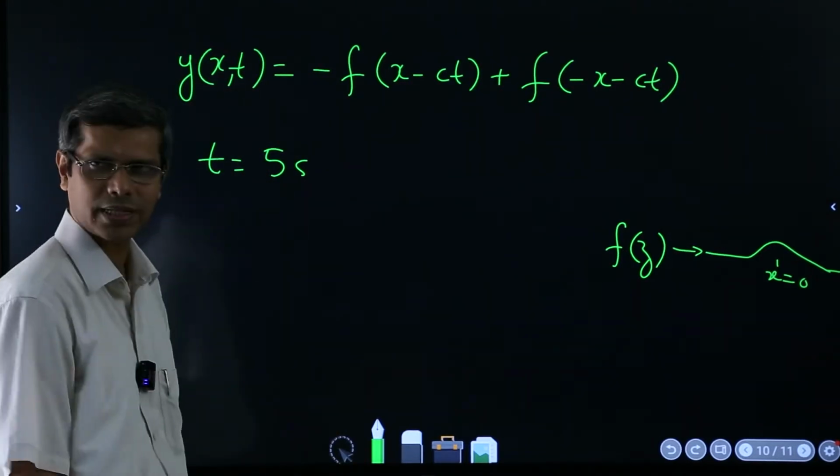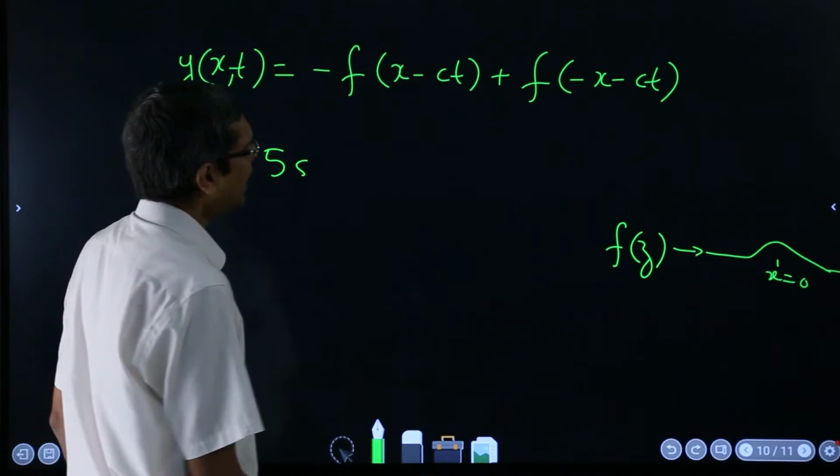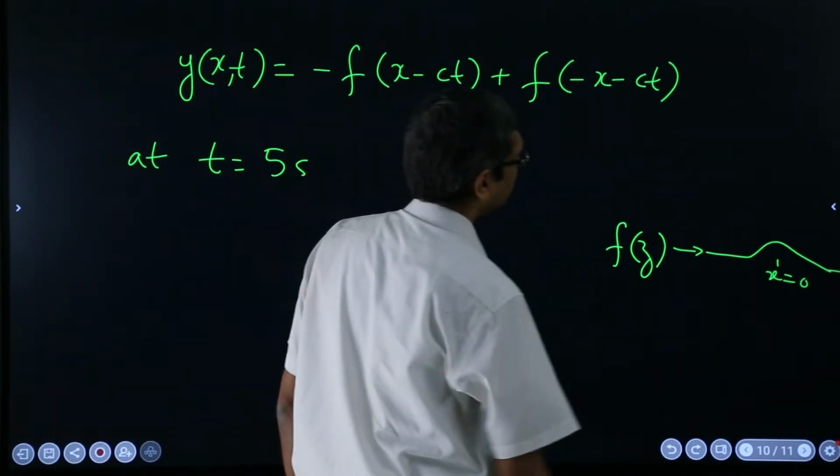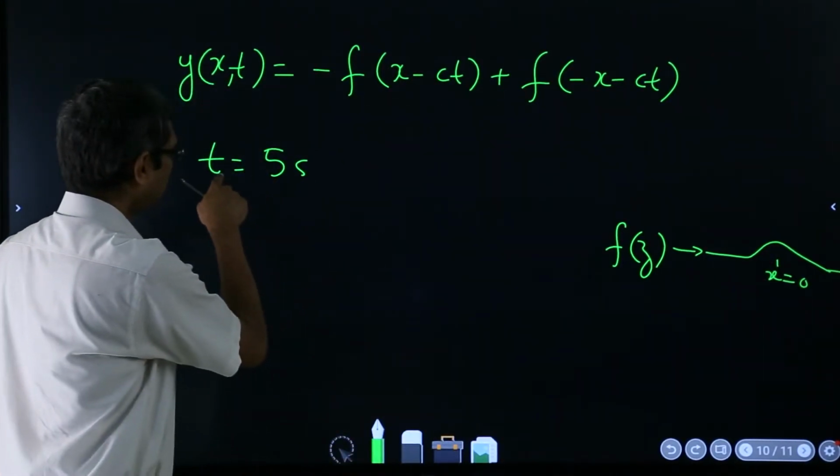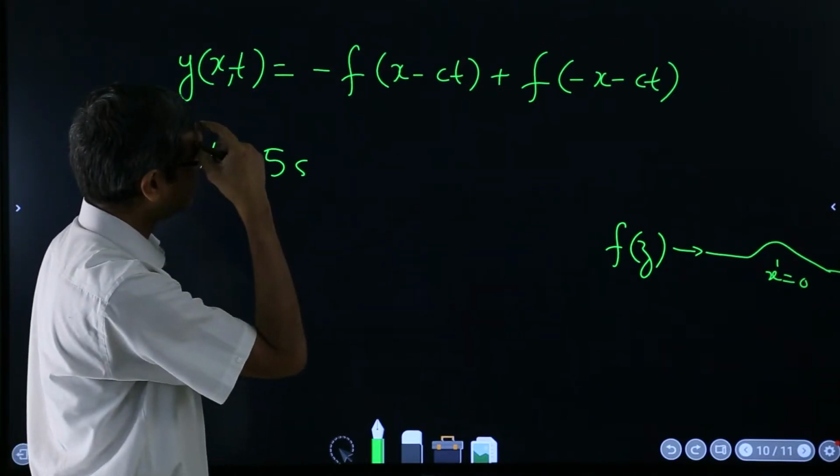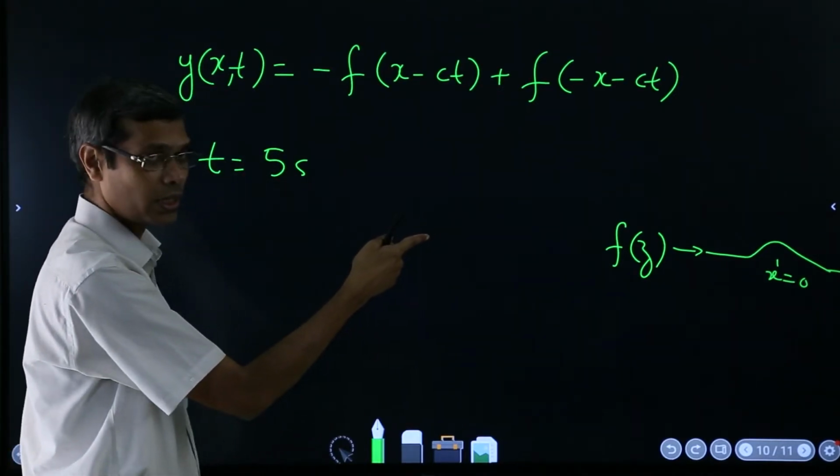Suppose f(z) is such a function, and at x = 0 this happens. Now at t = 5 seconds, where will the peak be?